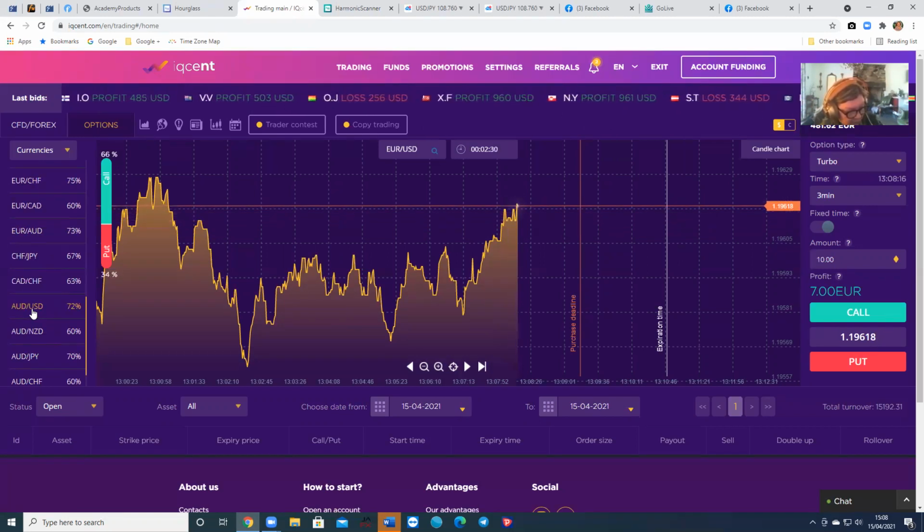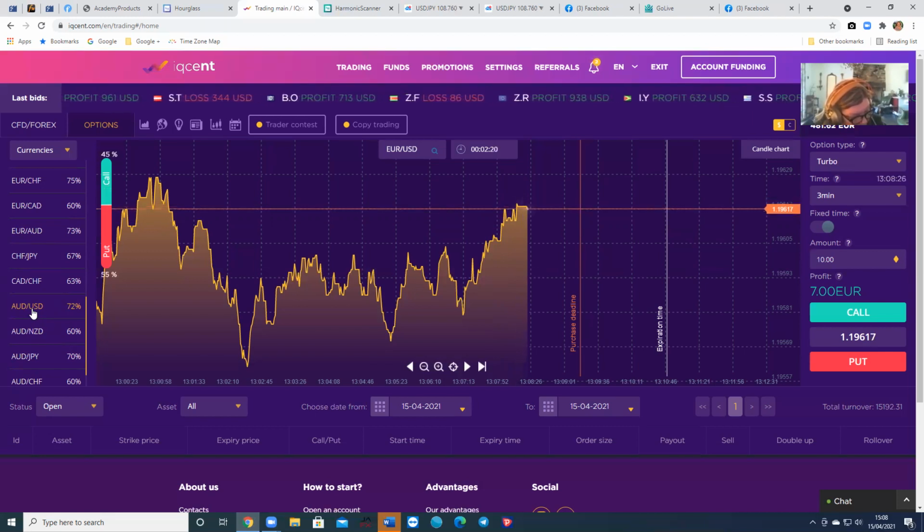And we've got the Australian dollar stronger than the US dollar, the euro weaker than the Japanese yen, and the euro weaker than the US dollar.